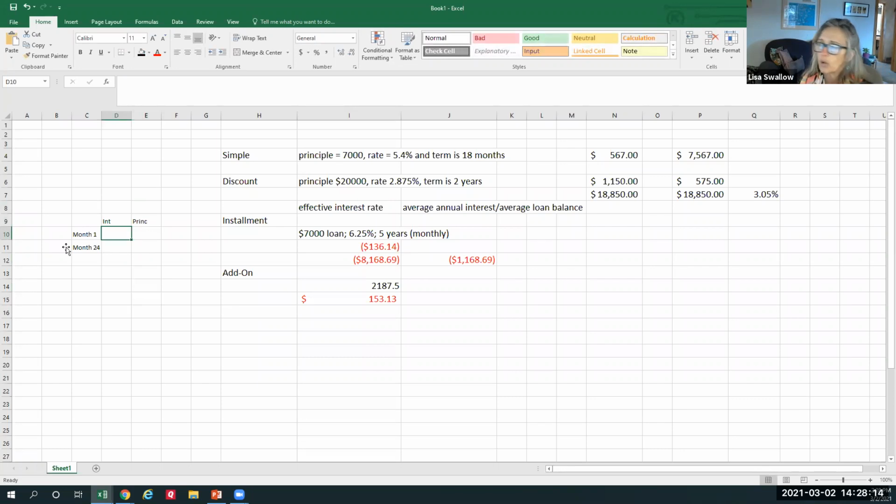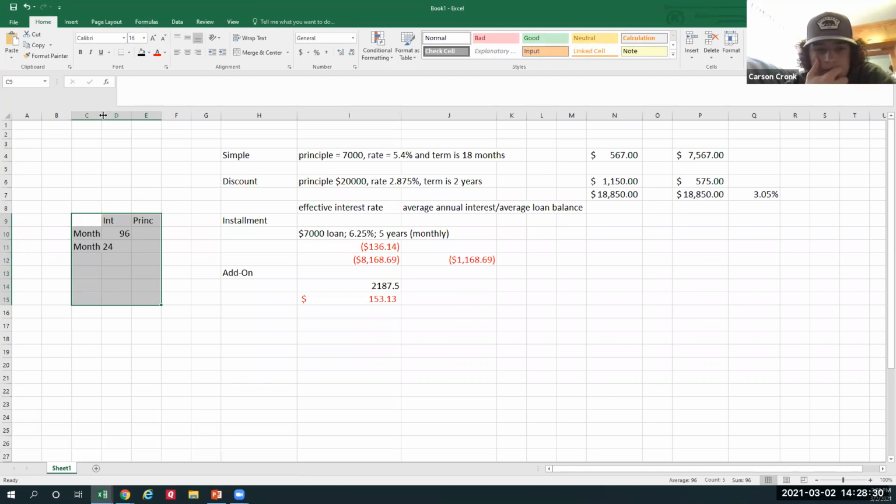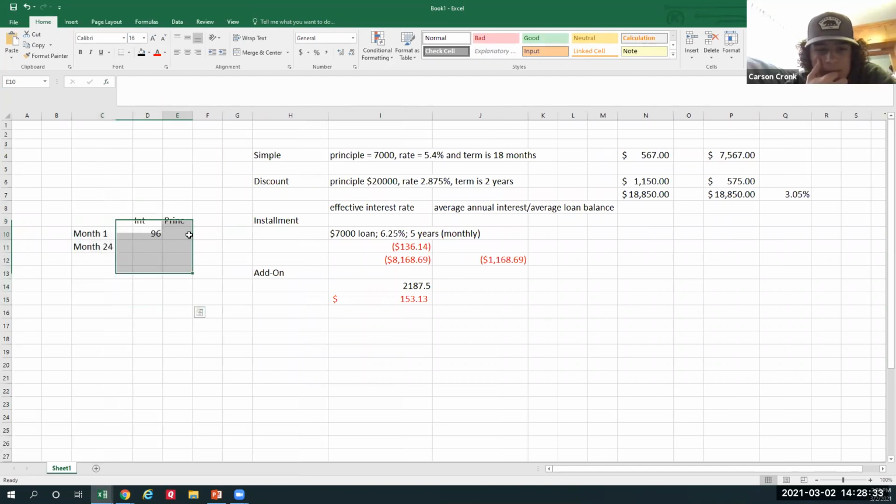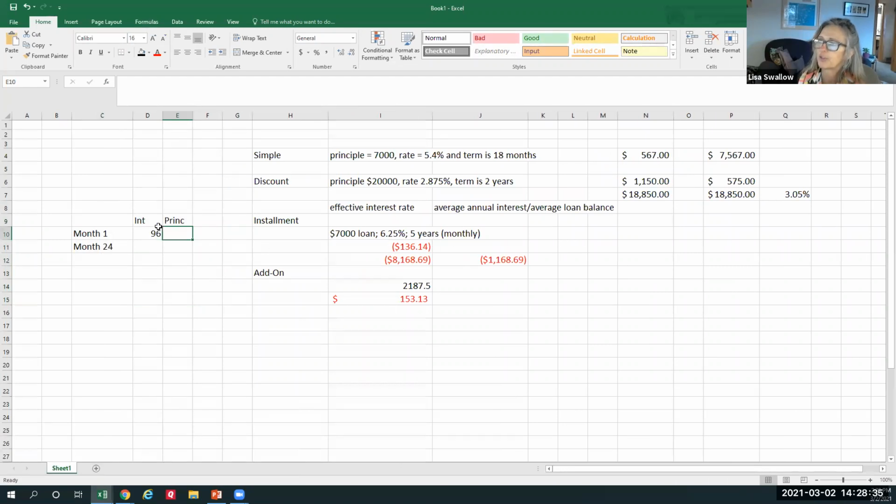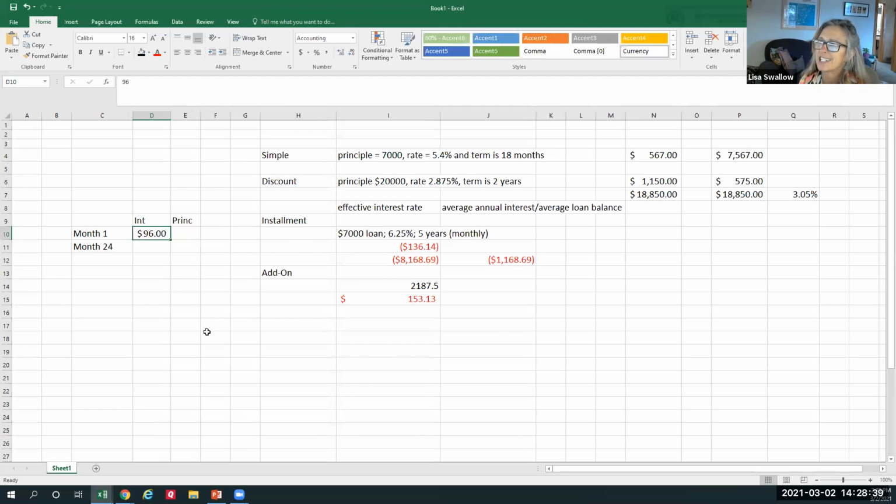If my interest in the first month is, say, $96, how much is my principal going to be on that $136.14 payment? So I'm paying this a month, and the first month I do the calculation, principal times rate times time, and this is $96. How much am I going to eat away at my principal?